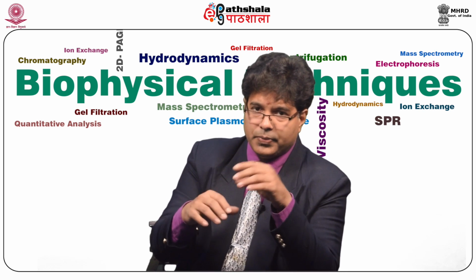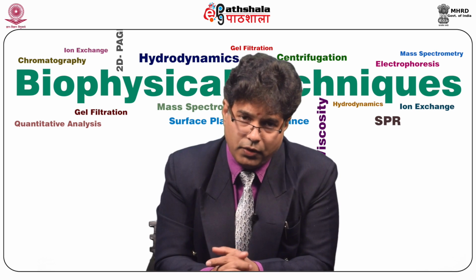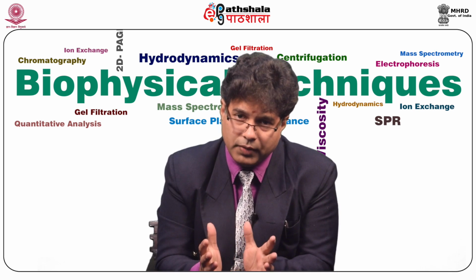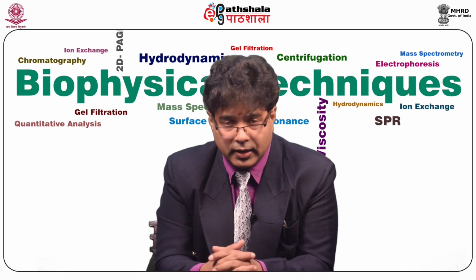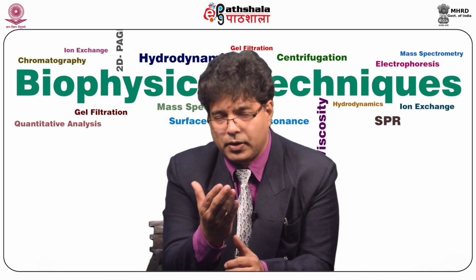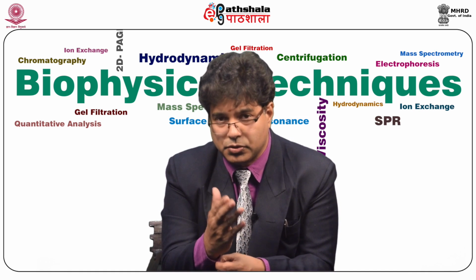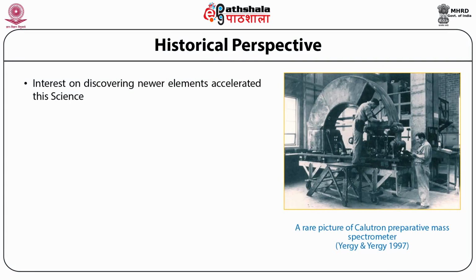Let me show you, in 1894, how J.J. Thomson, working with this cathode ray tube, was trying to analyze isotopes. Let me show you one of the ancient, 100-year-old machines used for this purpose. Interest in discovering newer elements accelerated the developments in mass spectrometry.